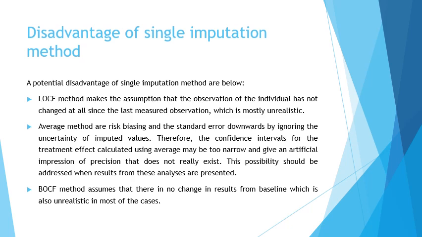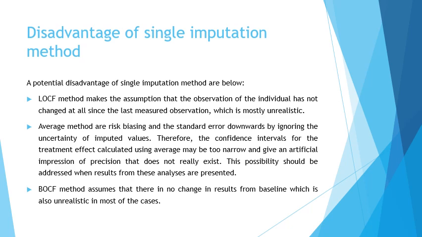Then average methods risk biasing the standard error downwards by ignoring the uncertainty of imputed values. Therefore, the confidence intervals for the treatment effect calculated using the average may be too narrow and give an artificial impression of precision that does not really exist.